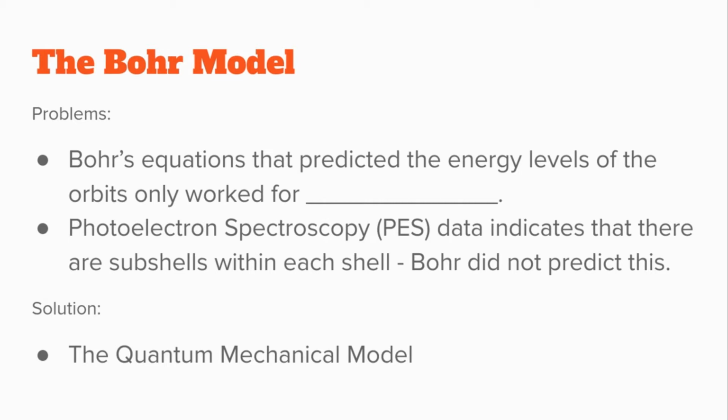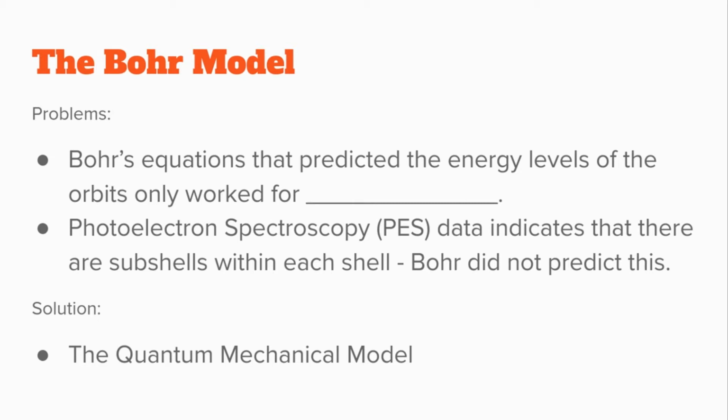The equations that he used to predict what energy each electron would be at only worked for elements with one electron, which the only element with one electron is hydrogen. And that was due in part to the shielding effect and in part to the fact that he was trying to predict exactly where an electron was at a given time.